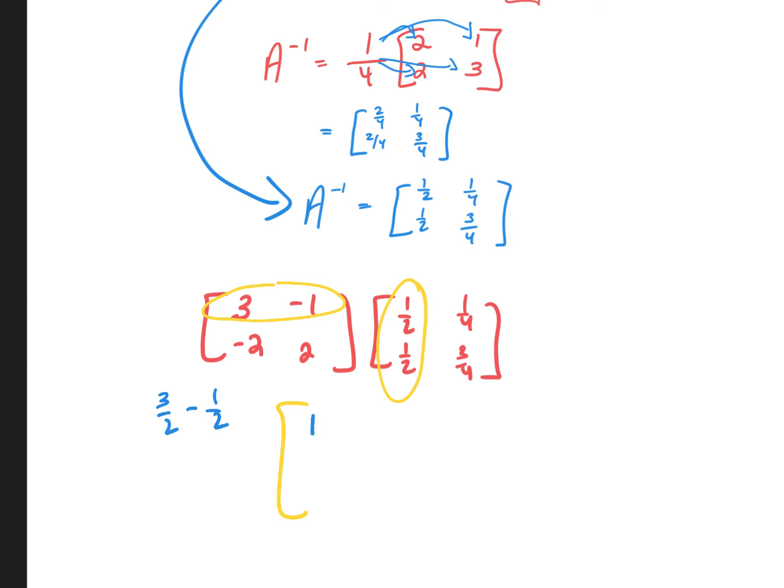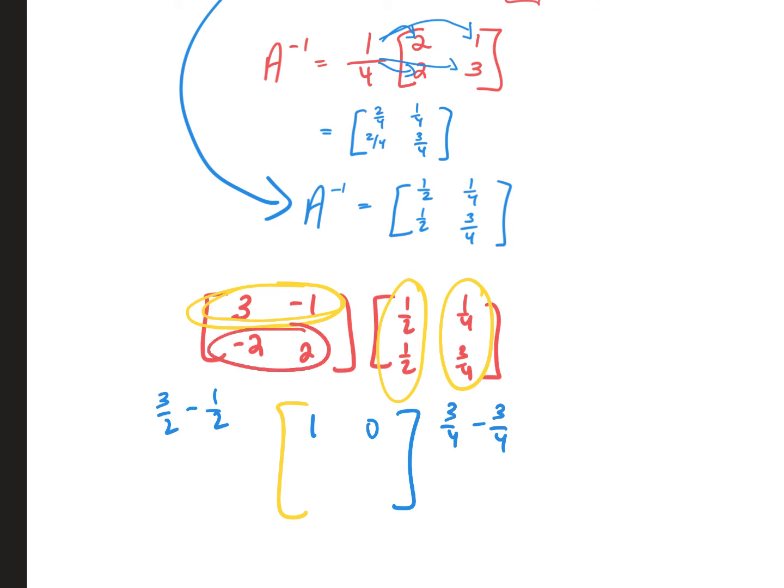You get 2 over 2, which is 1. Okay. So now I'm going to take first row, second column. 3 times 1/4 gives me 3 over 4. And then negative 1 times 3/4 is negative 3/4. What's 3/4 minus 3/4? 0.